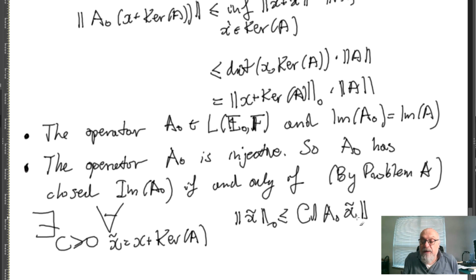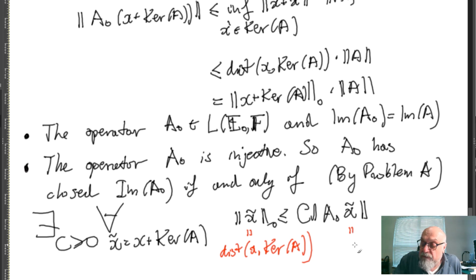So namely, notice that this norm of x tilde is nothing else than the distance between x and the kernel of A, and the other one, accordingly to what we have seen before, will be equal to c times the norm of A of x, as it was used for the definition above of the operator A0. And that means basically, because here we have if and only if, that we finish this problem.